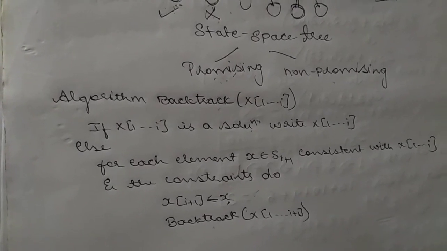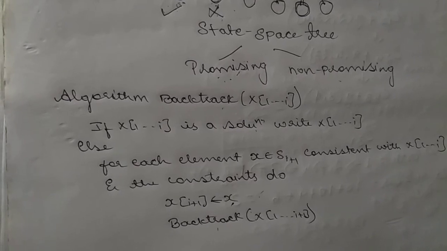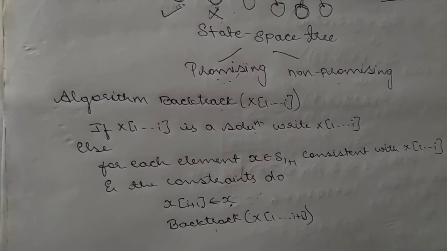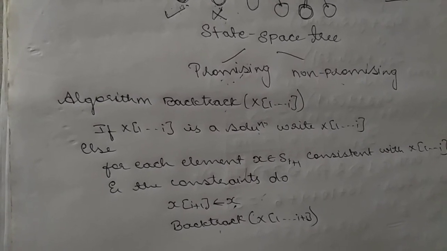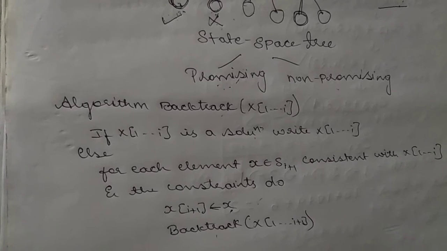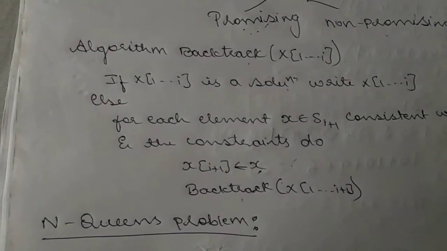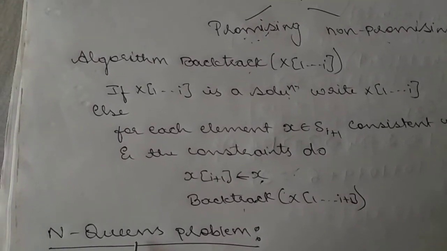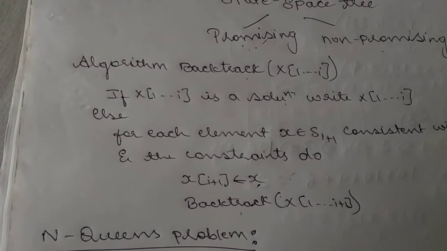Here we have so many problems to solve in this backtracking technique. That is the N-Queens problem, the knapsack problem, and the graph coloring problem. All those are very good examples of backtracking. Now first we'll see the N-Queens problem. What is this N-Queens problem? Yes, the very first example of backtracking is the N-Queens problem.